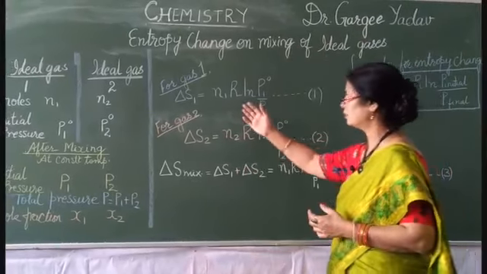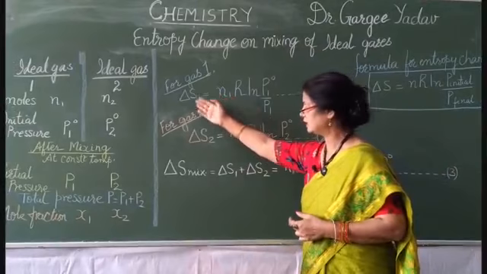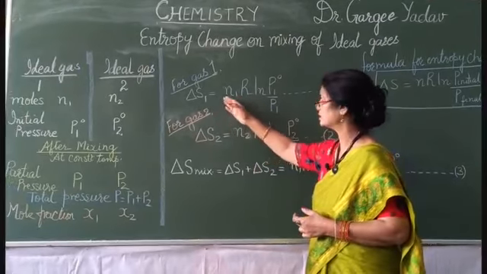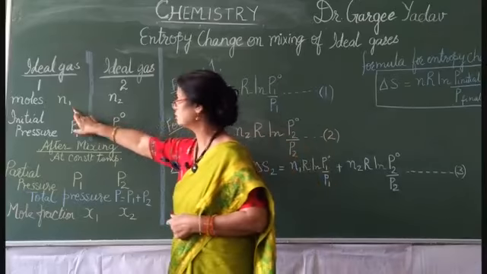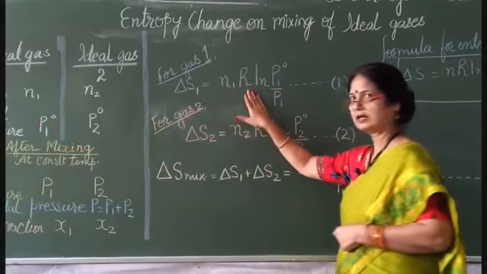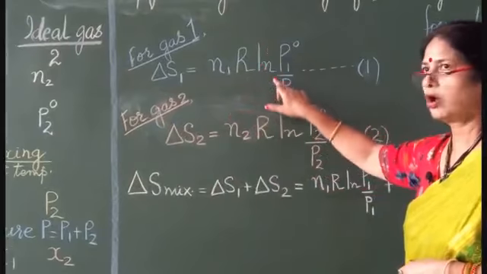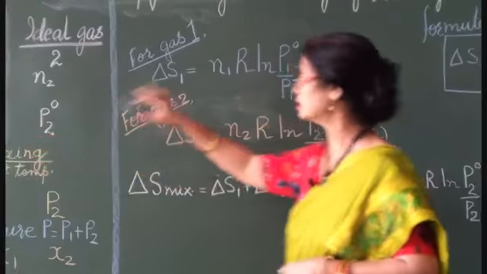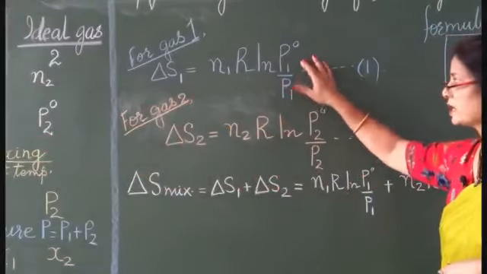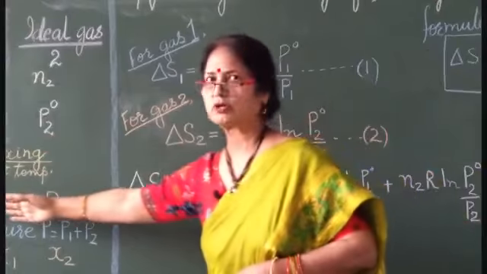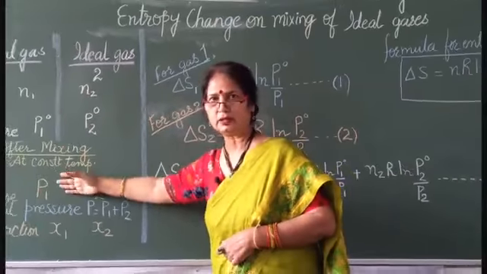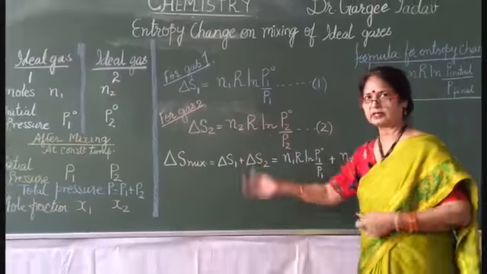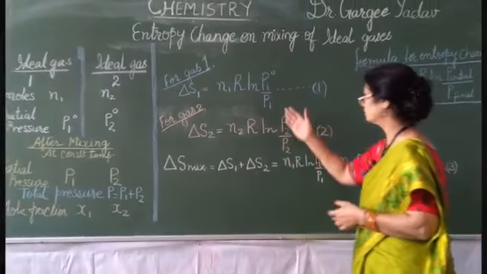So for gas number 1, the entropy change will be delta S1, equal to N1 R ln of P1 naught upon P1, because it was N1 moles. P1 naught is the initial pressure in the numerator, and the final pressure for gas number 1 is the partial pressure P1.